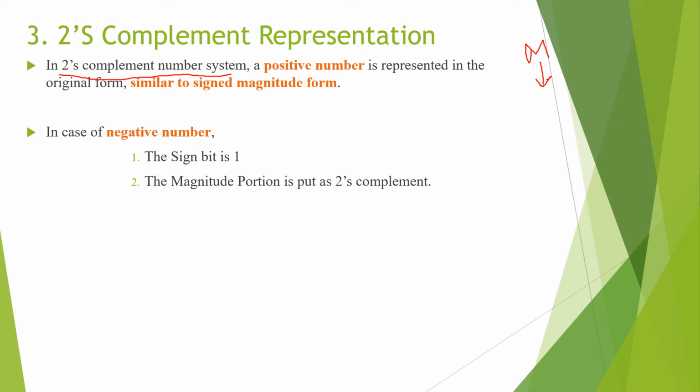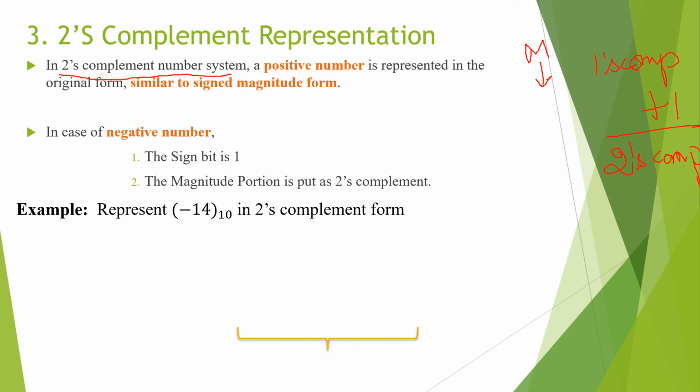To get the 2's complement, first take the 1's complement of the given number, add 1 to that, and you get the 2's complement value. Then add your sign bit. If it is a negative value, your sign bit will be 1, and the magnitude part is the 2's complement of your given number.